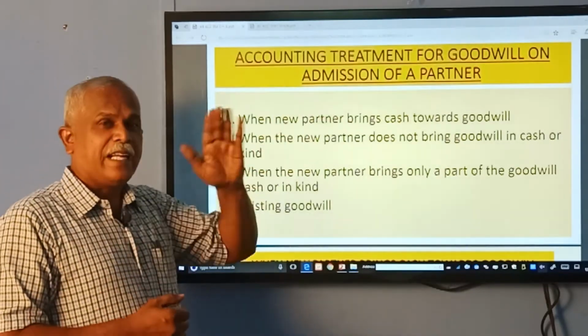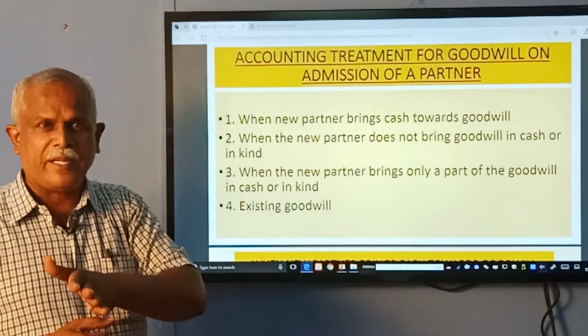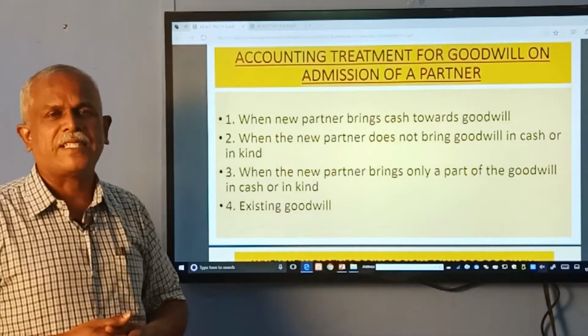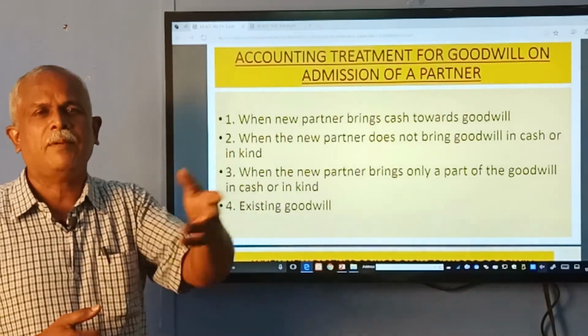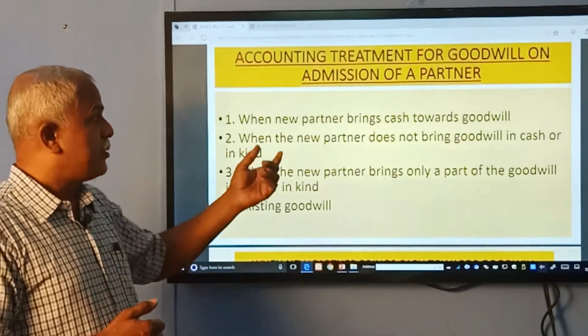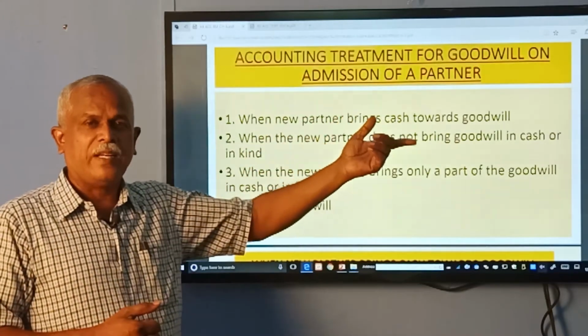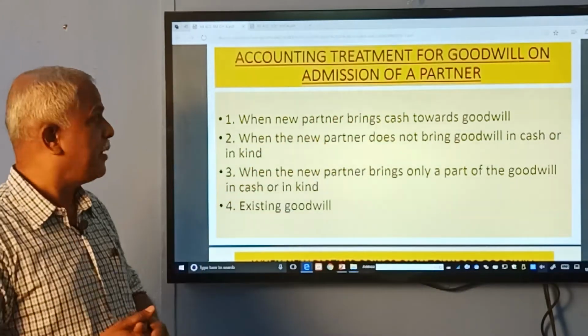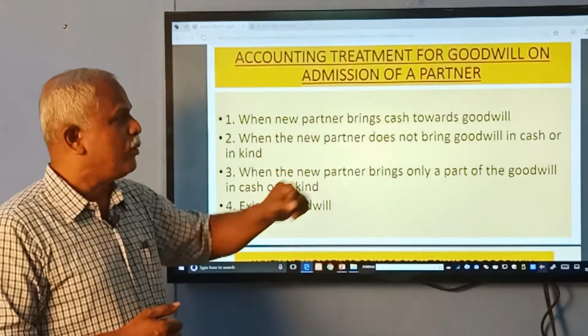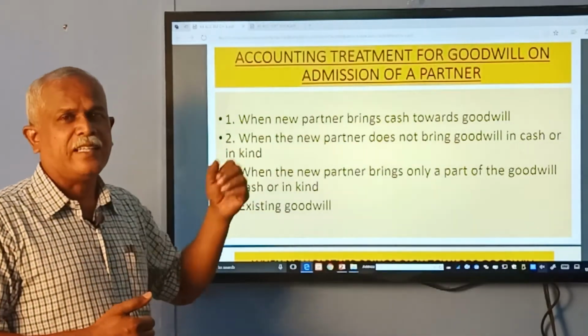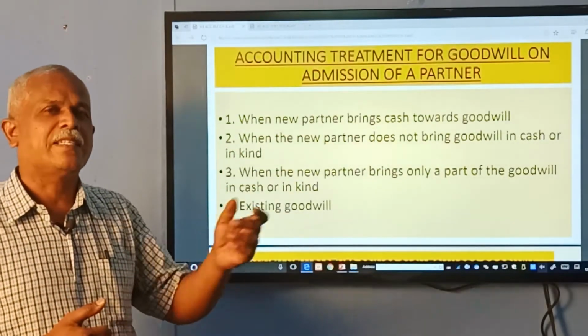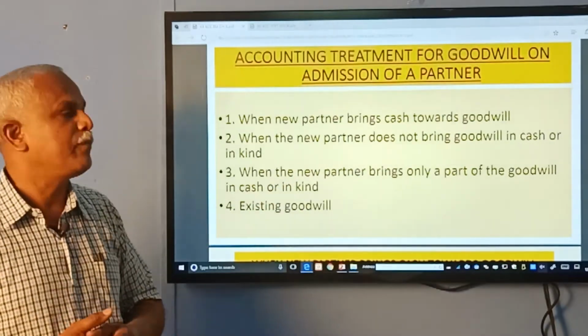He is paying for the sacrifice made by the old partners. So, he has to bring in cash towards capital. Sometimes he may bring some assets also, instead of cash. So, when he brings cash towards goodwill, how is it recorded? When a new partner does not bring goodwill in cash or kind, that is other assets, when he is unable to bring it, how is it treated?